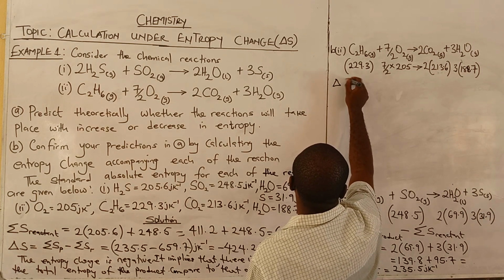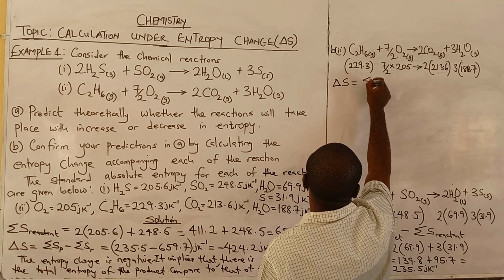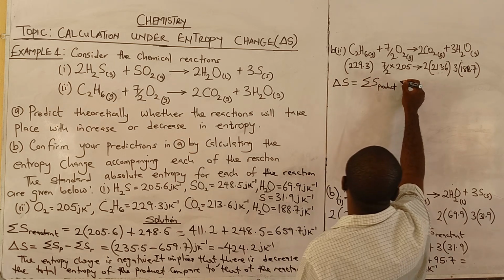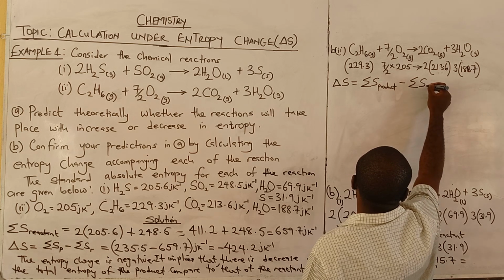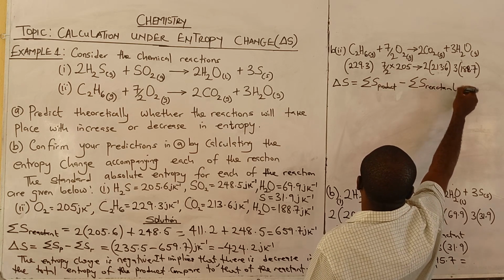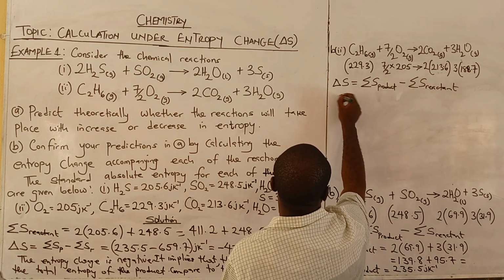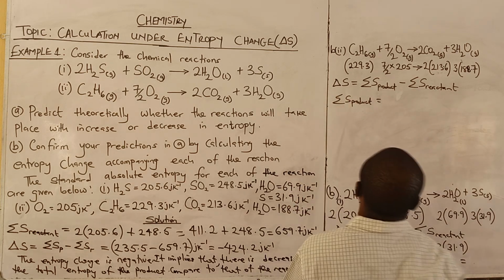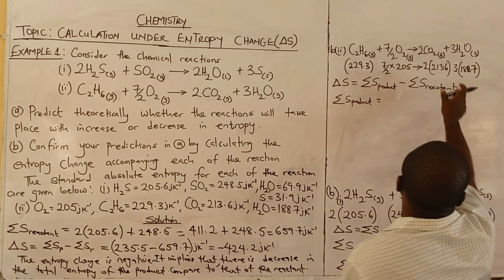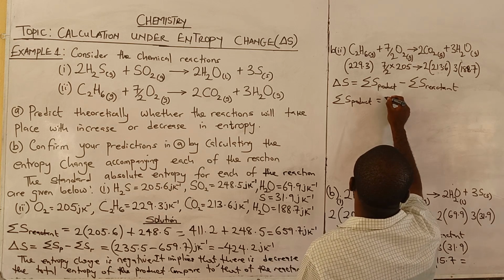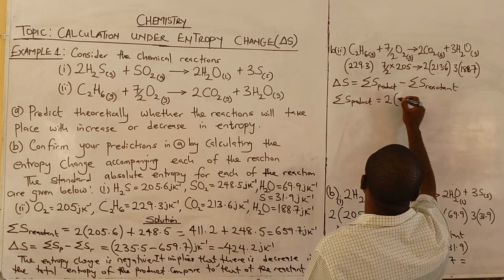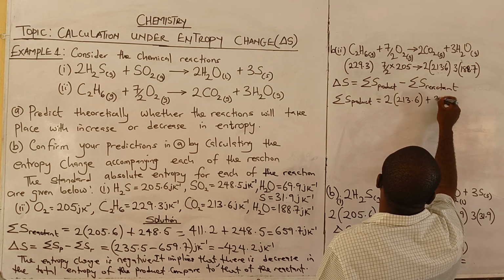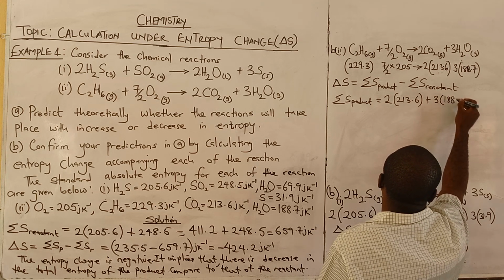Change in entropy equals the summation of the entropy of the products minus the summation of the entropy of the reactants. Let's look for the summation of the entropy at the product first. At the product side, we write 2 into 213.6 plus 3 into 188.7.